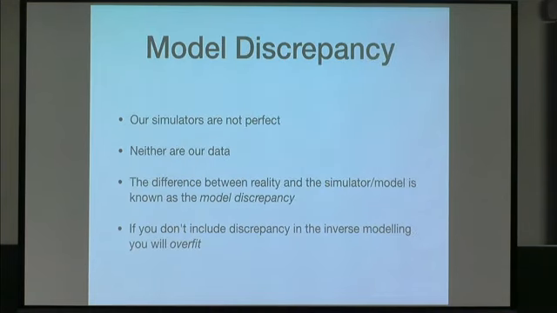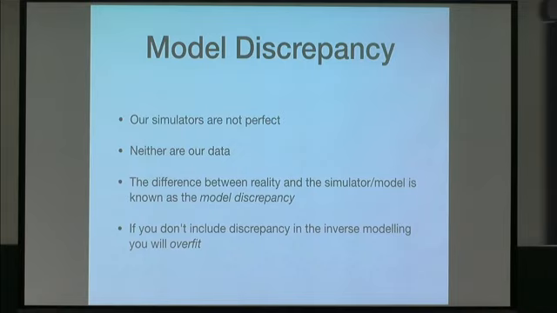Now, there is an additional thing that comes in. I said at the beginning our simulators are not perfect. The set of equations we have are not a perfect description of the real world. There are missing processes, some of which we know about, and even if we model those processes, the real world isn't a set of partial differential equations.